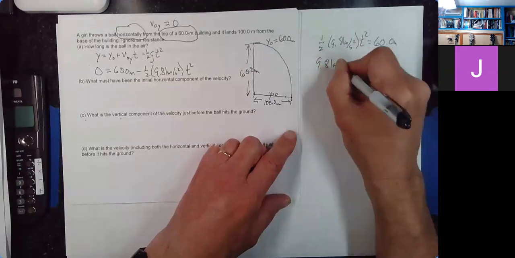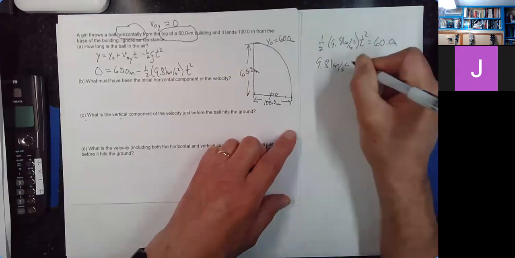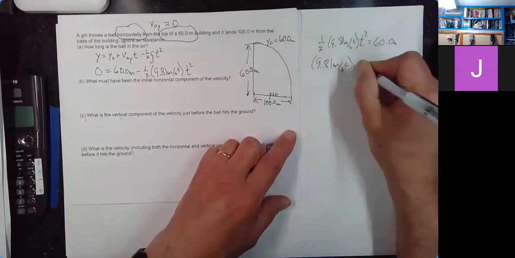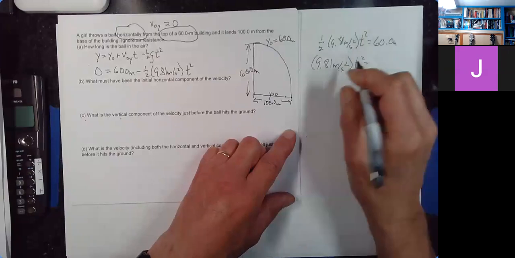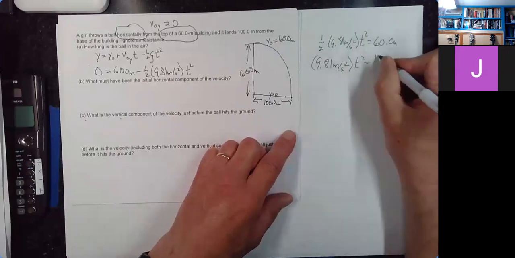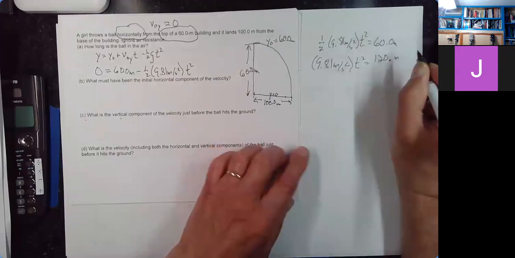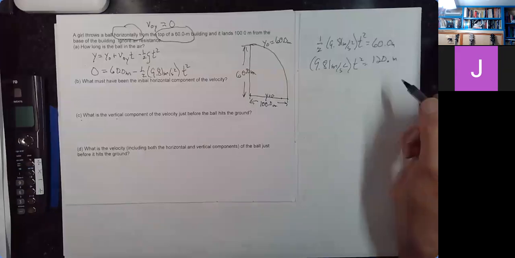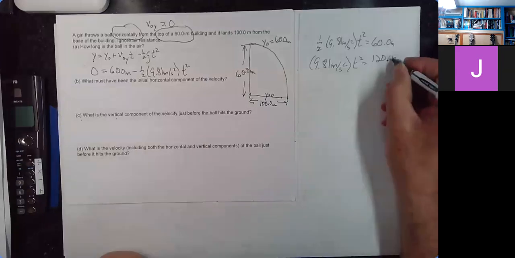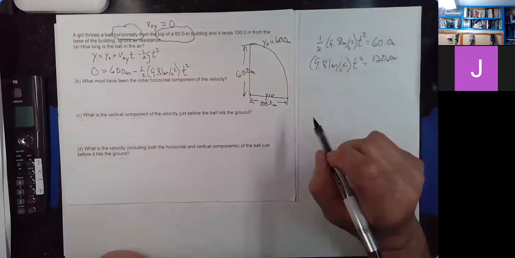9.81 meters per second squared times t squared is equal to 2 times 60 is 120, 120 meters. Actually, I can keep another significant figure on here. That 2 is exact.